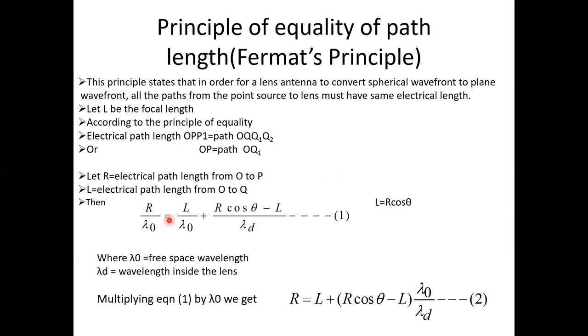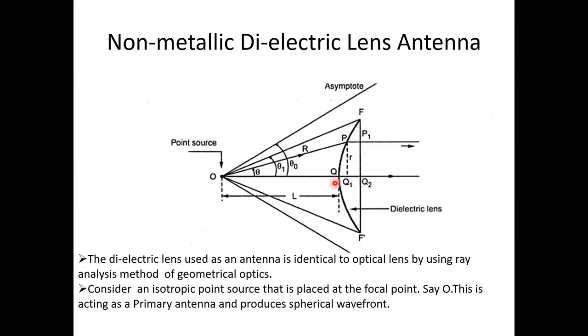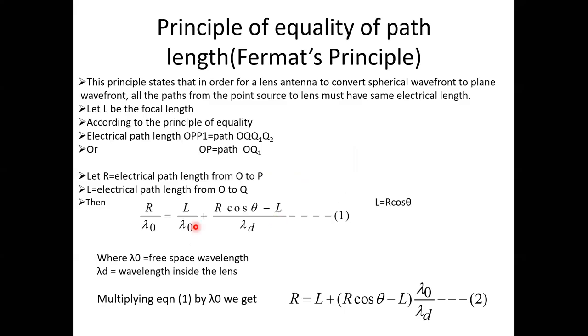OQ is L divided by lambda naught, and QQ1 is R cos theta minus L divided by lambda d inside the medium. So R by lambda naught is equal to L by lambda naught plus R cos theta minus L divided by lambda d, where lambda naught is the free space wavelength and lambda d is the wavelength inside the lens.